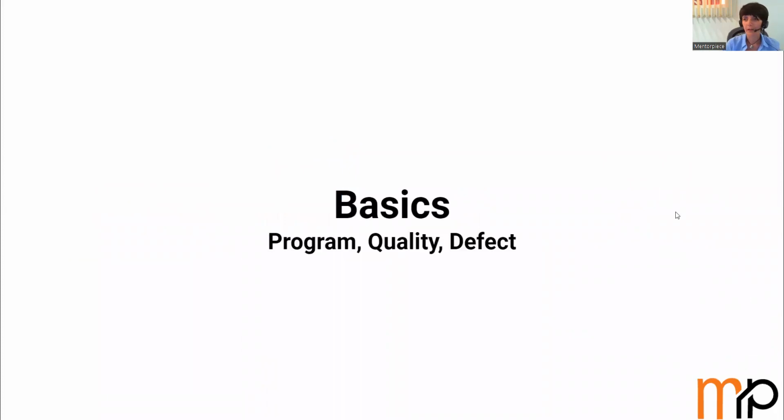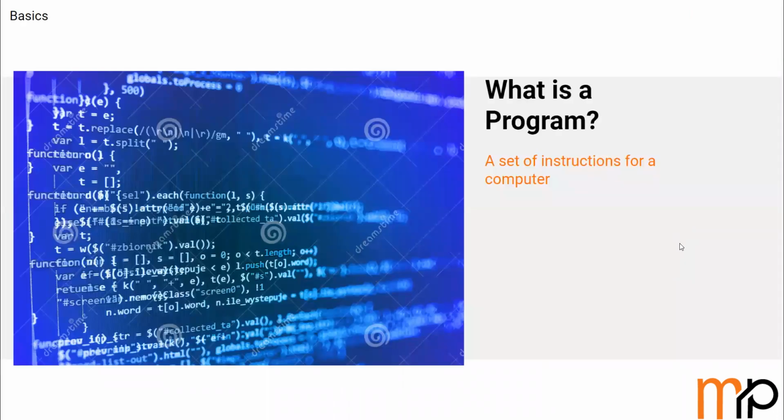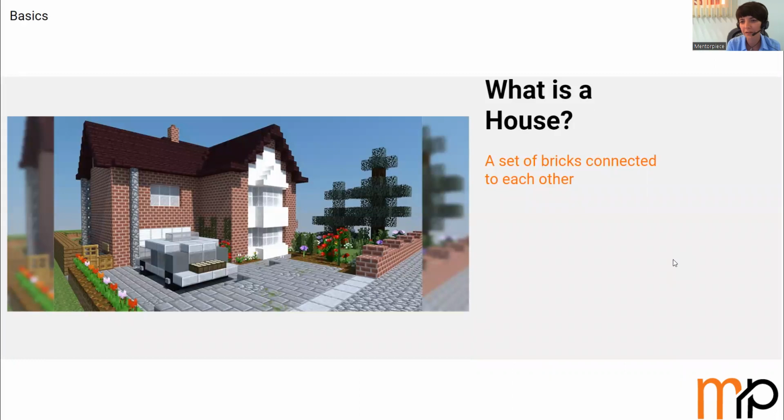Okay, so about definitions a bit. So what is a program? You can open any vocabulary and read there that the program is a set of instructions for a computer. And that's true. But what if we call our house a set of bricks connected to each other with cement?